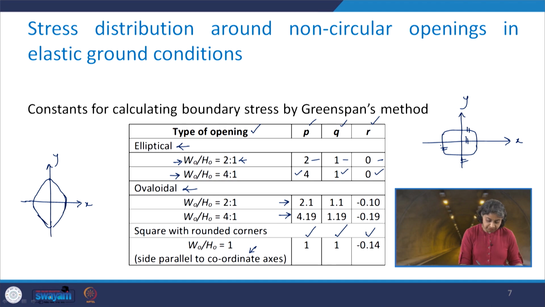Here you have these two diagonals which are parallel to or maybe coinciding with the x and y axes. So these are the constraints for this condition, and that is why we are writing sides parallel to the coordinate axes.